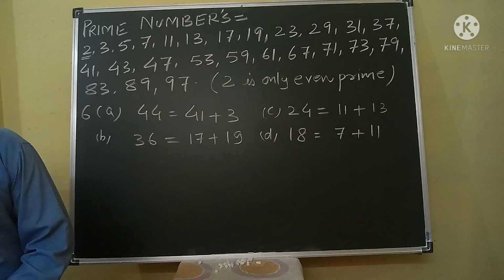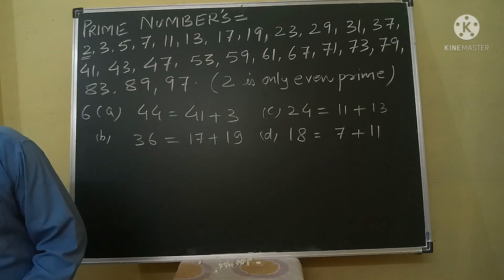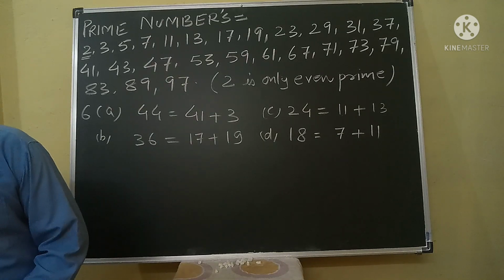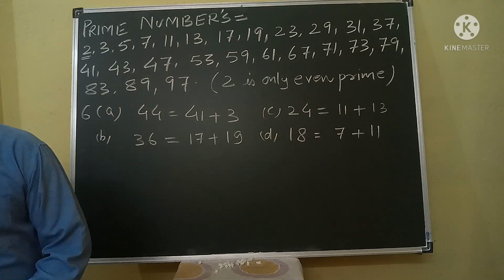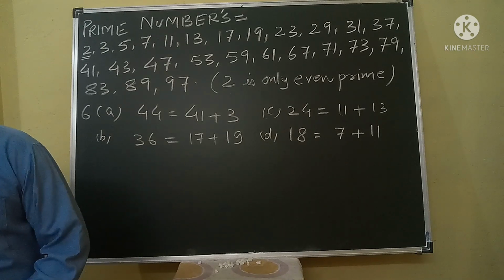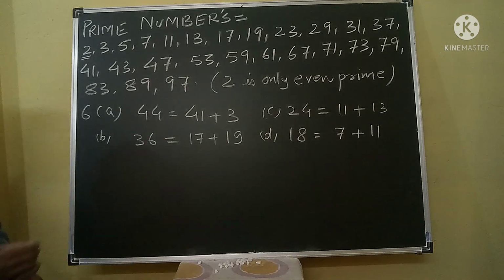Now in question number 7, give three pairs of prime numbers whose difference is 2.